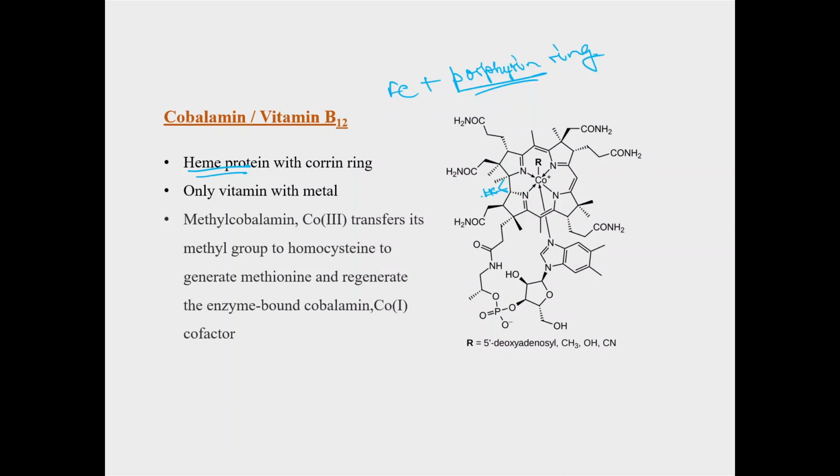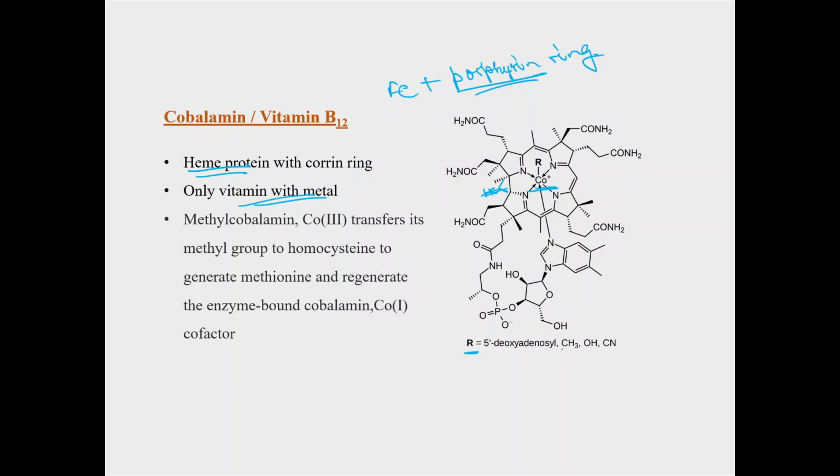So, this is the only vitamin which consists of this metal. It has cobalt in its center. We can see that it is coordinated to four nitrogen from this corrin ring, and we can have different types of cobalamins.